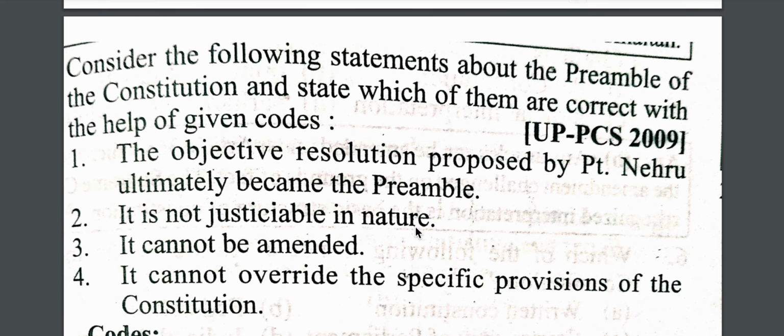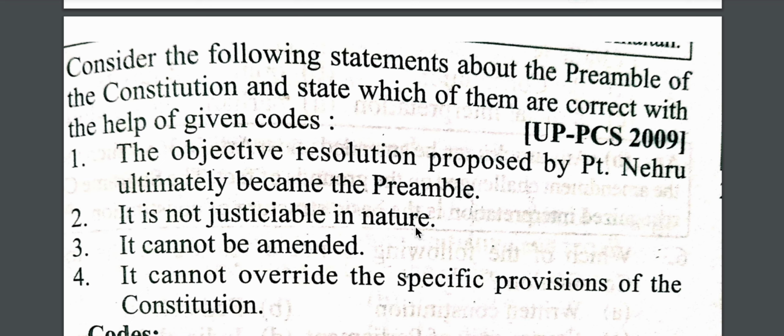20th question, consider the following statements about the preamble of the Constitution and state which of the following are correct with the help of the given quotes. First statement is the objective resolution proposed by Pandit Nehru ultimately became preamble. Second statement, it is not justiciable in nature. Third statement, it cannot be amended. Fourth statement, it cannot override the specific provisions of the Constitution.